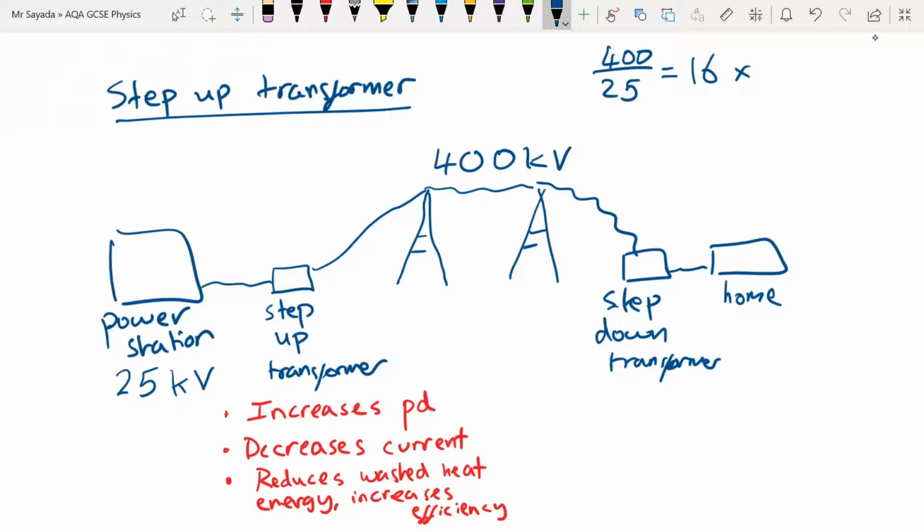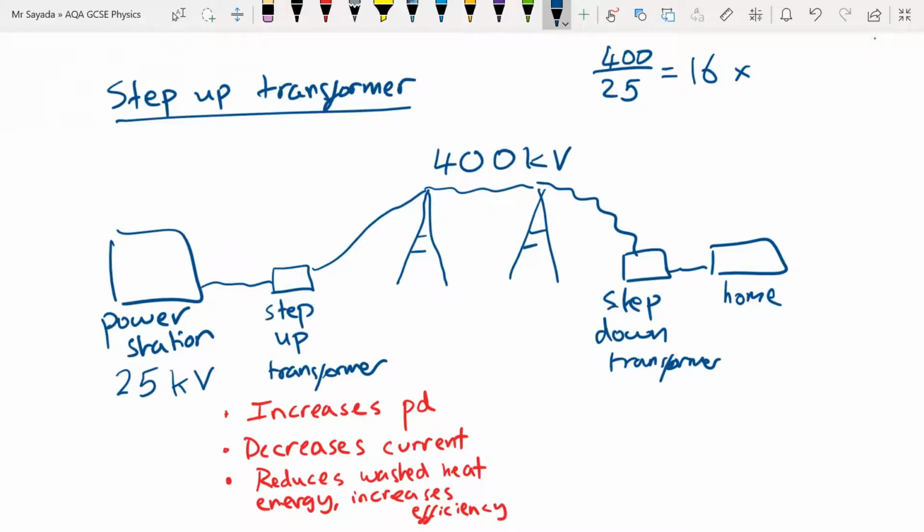It's multiplied the voltage by 16. And you know what? That actually reduces the current to a 16th of its original value. It actually decreases the current. It divides the current by 16. So the step-up transformer multiplies this voltage, in this case by 16, and that divides the current by 16.